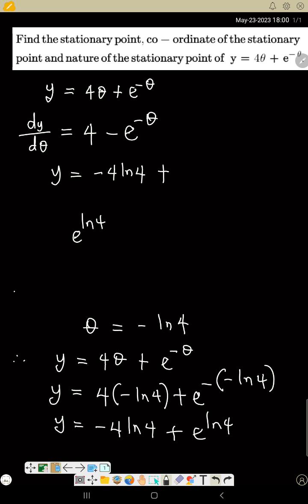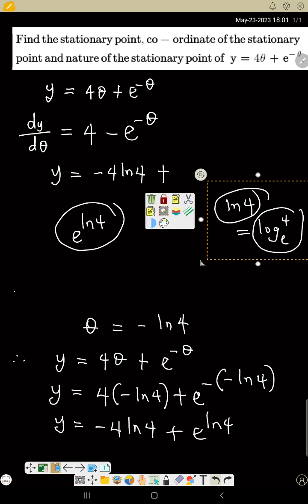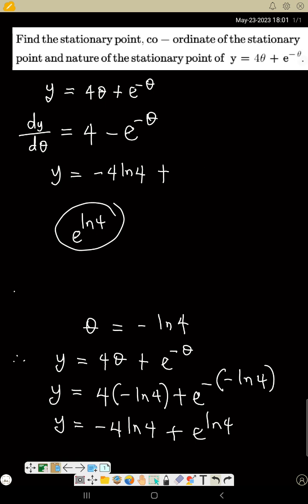Remember, ln is log to base e. That means ln 4 is the same thing as log 4 to base e, as in that's the meaning. Ln 4 is log 4 to base e. That means e raised to power ln 4 is the same thing as e raised to power log 4 to base e.